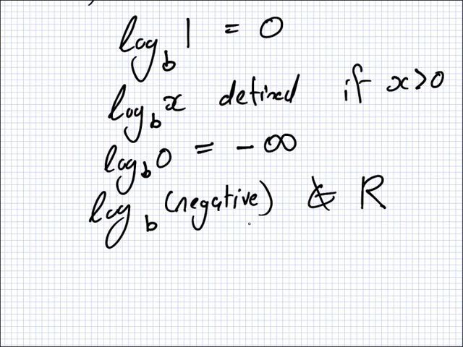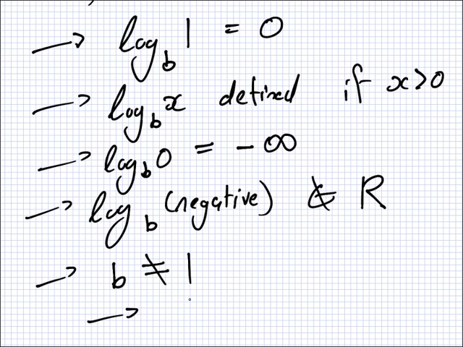Also, we don't ever want the base to be 1. The base can't be 1. It doesn't make sense. If I said to you log base 1 of 2, 1 to what power gives me 2? Quite impossible.